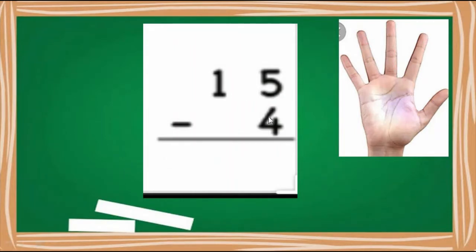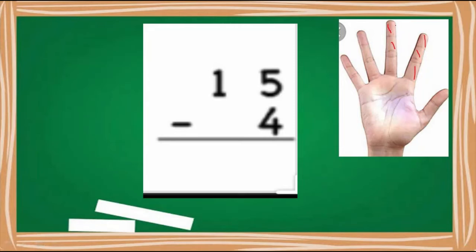15 minus 4. We have to start counting from the 1's place. So first we will count 5 minus 4. 1, 2, 3, 4 and 5. Stop there.